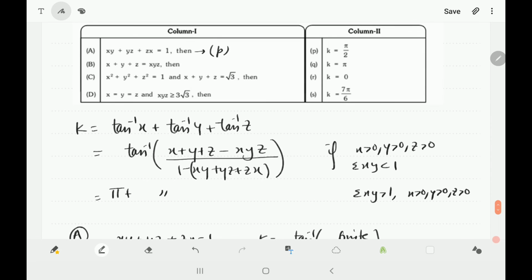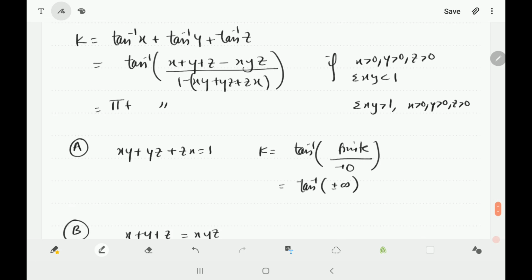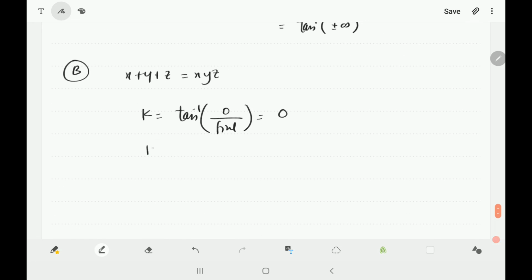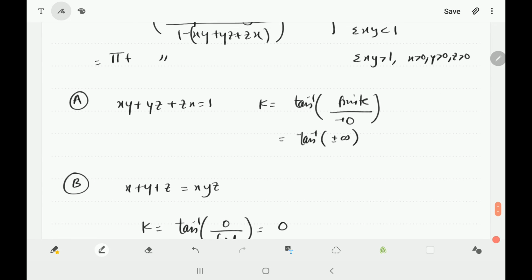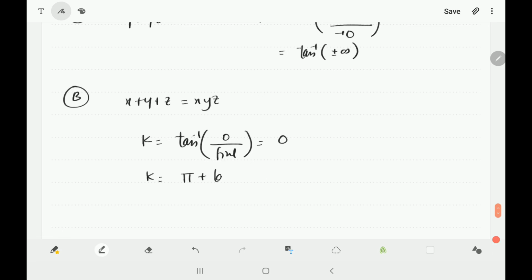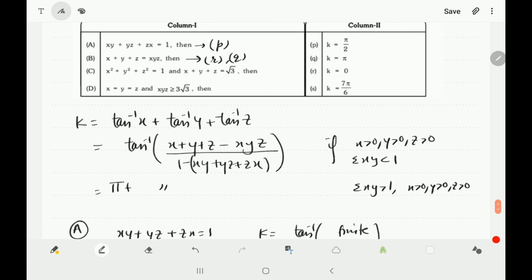So for B, we will have the answer as R, and Q might also be possible. Q will be possible when k is equal to pi plus, when xy plus yz plus zx is greater than 1. So pi plus tan inverse of 0 divided by some finite value, so in that case we will have the value as pi. So for part B we will have R comma Q.